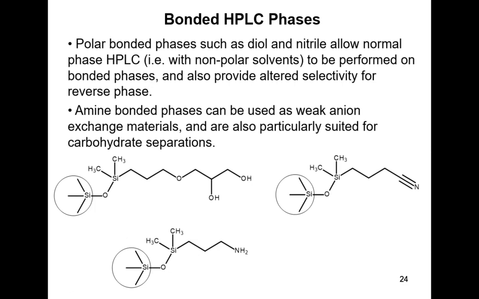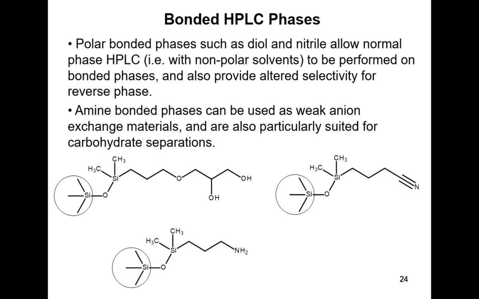You can generate a surface which is polar, but with a different kind of chemical structure to the original silica material. So you can introduce groups which have hydroxyl groups presented on the outside, or other polar groups like the cyano group or nitrile group, C triple bond N. And this allows you to do normal phase chromatography, but with groups with modified polarity.